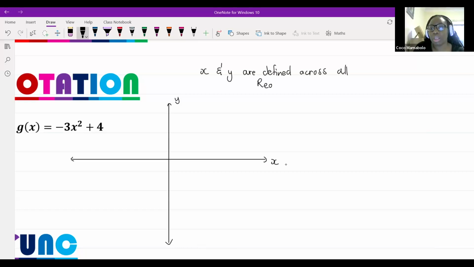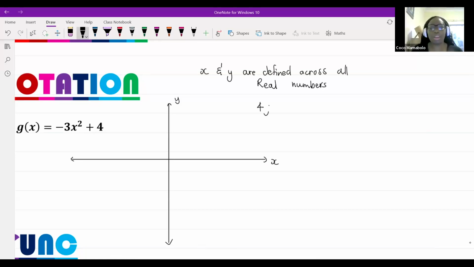What this means is on my x-axis, as it's drawn here, this horizontal line, I can find any real number I can think of. Can you guys give me an example of a real number? I'll start us off. 4, thank you. Sanelisa says 4, lovely. Anyone else?